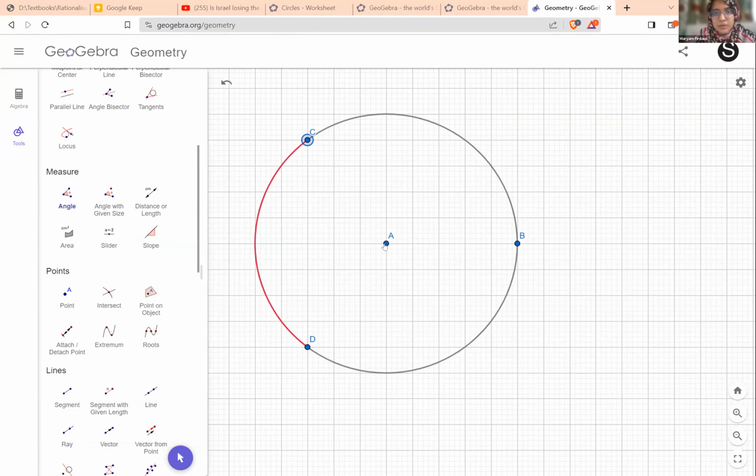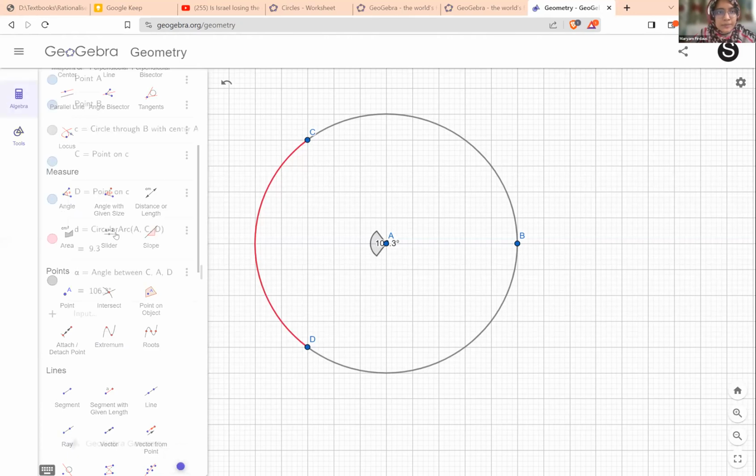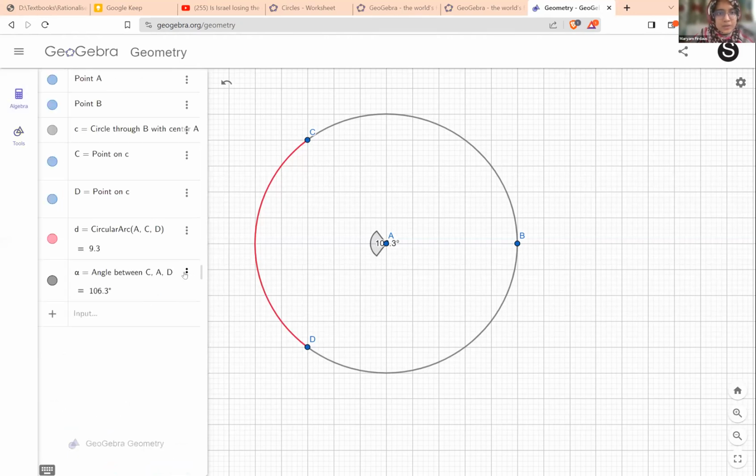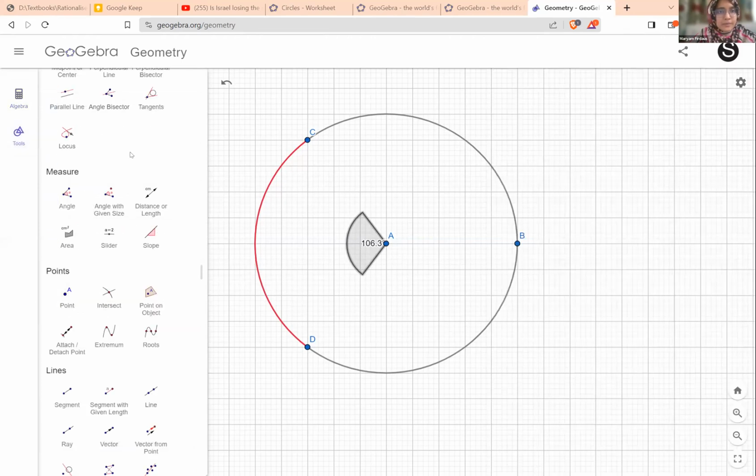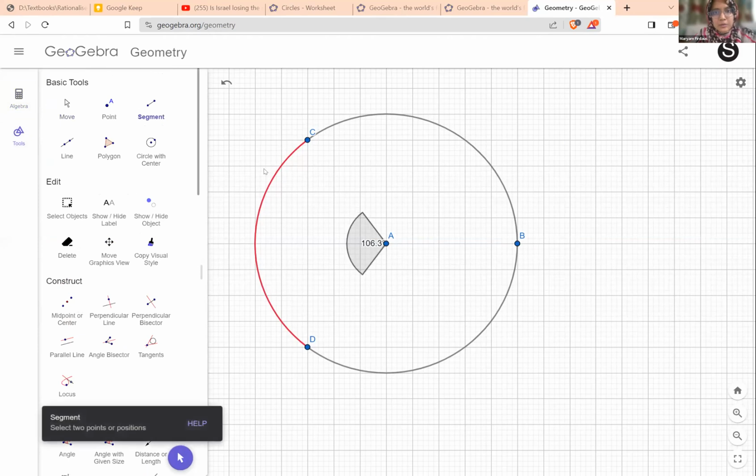So this angle over here is 106.3 degrees. Okay. This angle is 106.3 degrees. I'm just going to make this line segment so that you don't get confused.